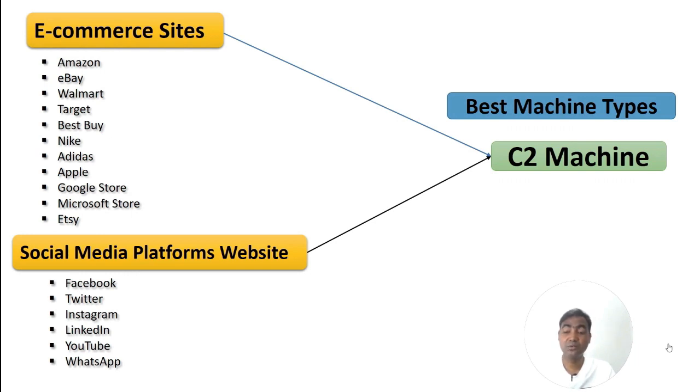Some of the benefits of using C2 machines for e-commerce sites and social media platform websites. C2 machines offer consistent performance even under heavy load. This is important for e-commerce sites and social media platform websites, which need to be able to handle a high volume of traffic and transactions.